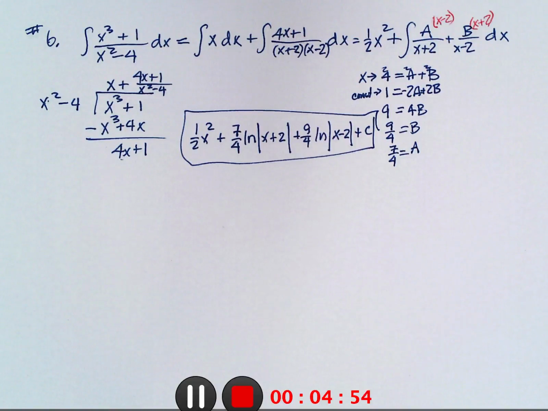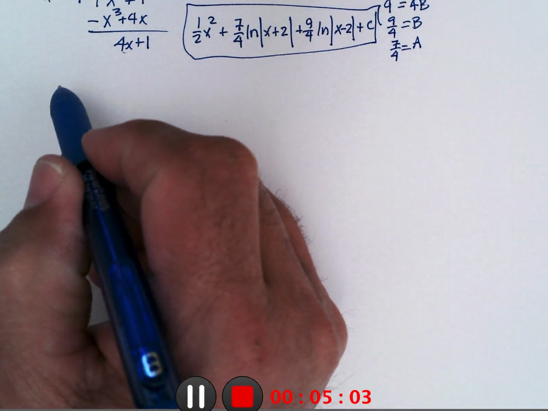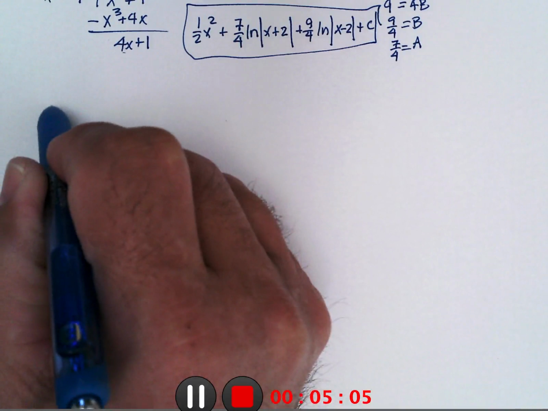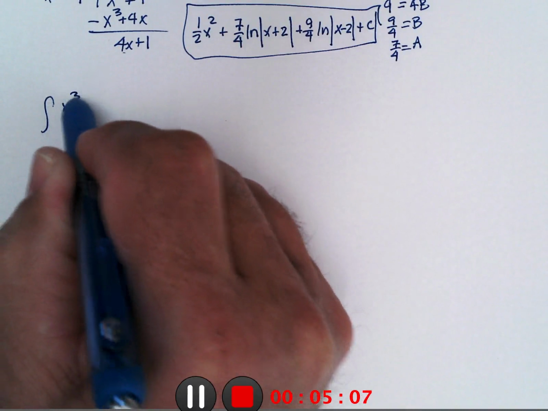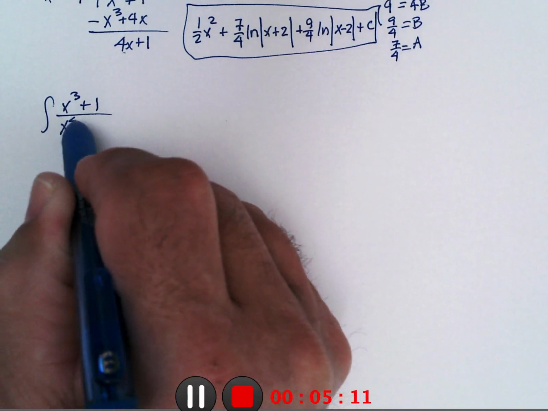However, that's not the problem I put on the page. On the homework, I actually said do the antiderivative of x to the third plus 1 over x to the fourth minus 4.